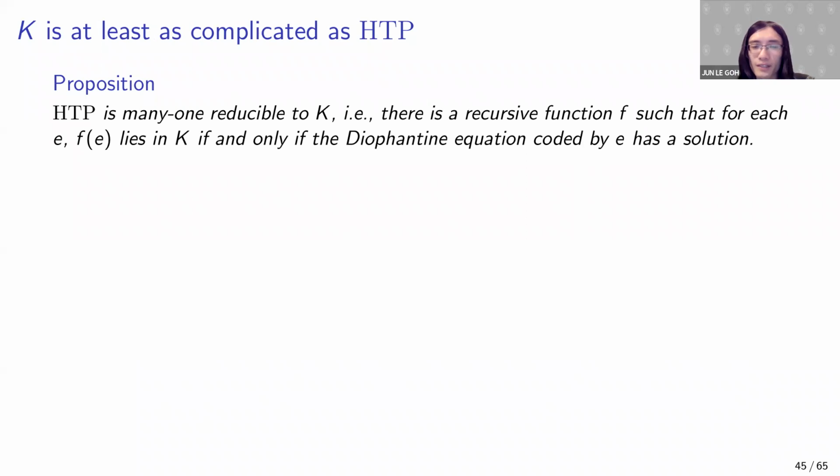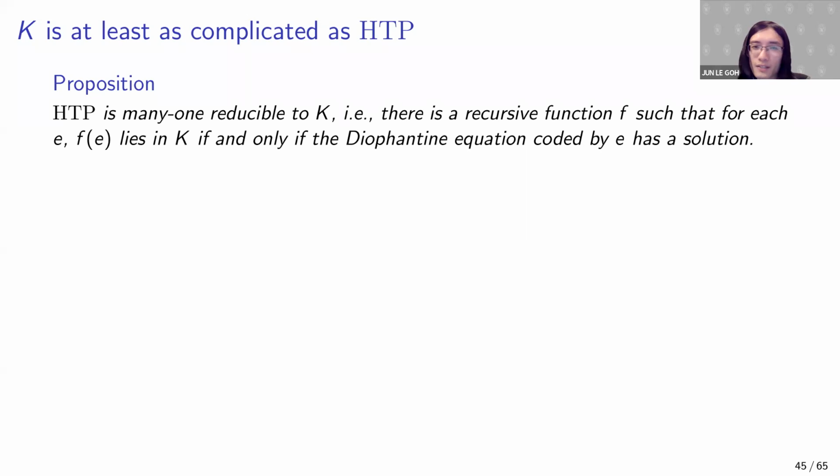What f does is that if you give f an input e, then f of e is going to output some number. And the number that is produced by f, so f of e, is in K if and only if the Diophantine equation coded by e has a solution.